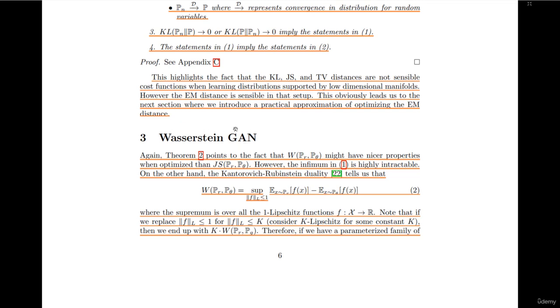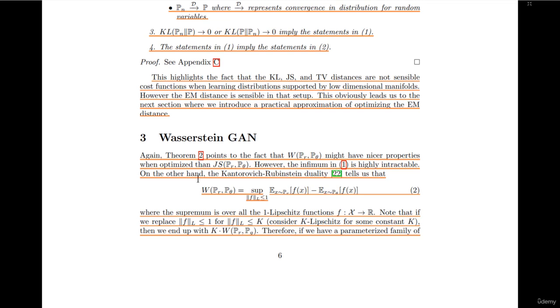Now is where we define the Wasserstein GAN. Again, theorem 2 points to the fact that the EM distance between PR and P theta might have nicer properties when optimized than the JS divergence, however the infimum in 1 is highly intractable.